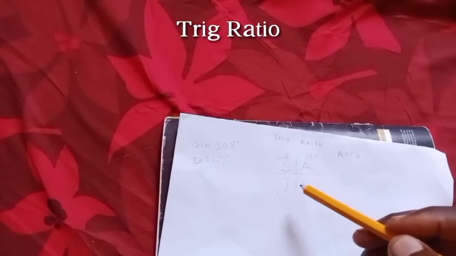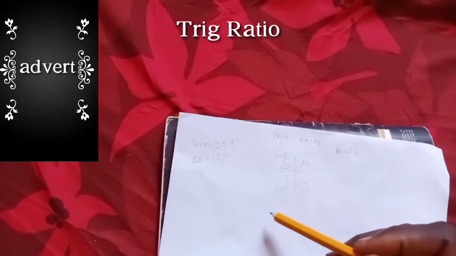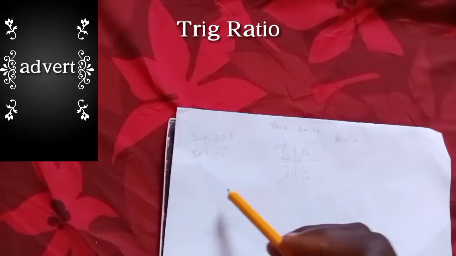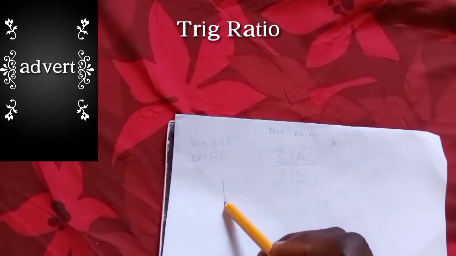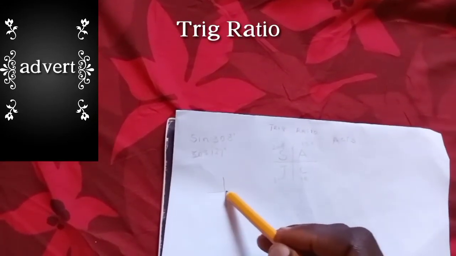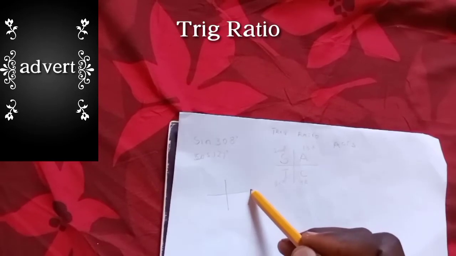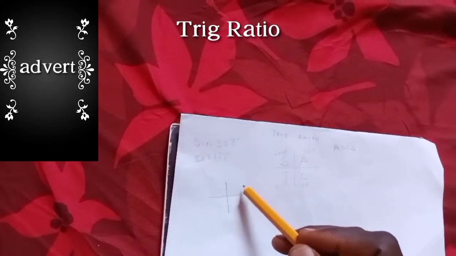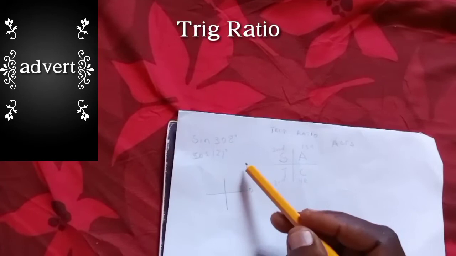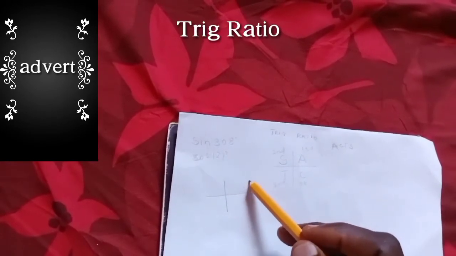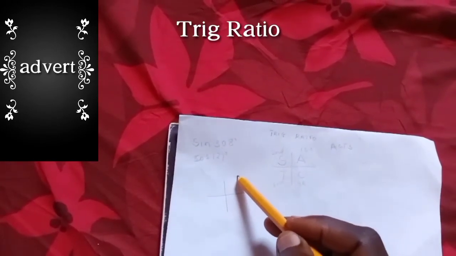So after this, this is the second stage I would like you to take note of. In these 4 cardinal points, this is your 0 mark. And we read our angles anti-clockwise this way.